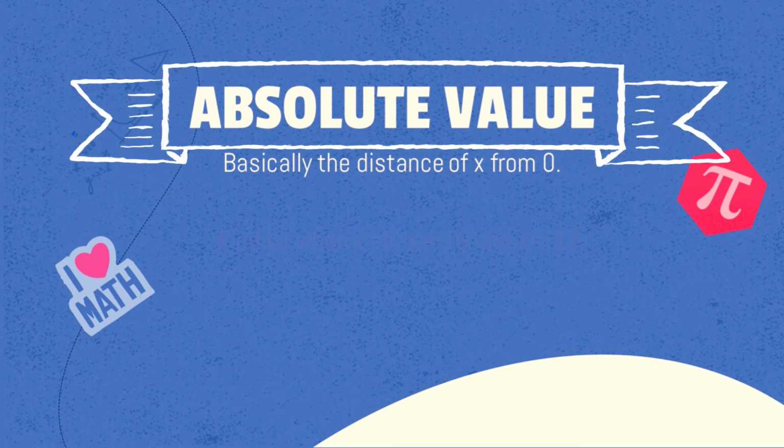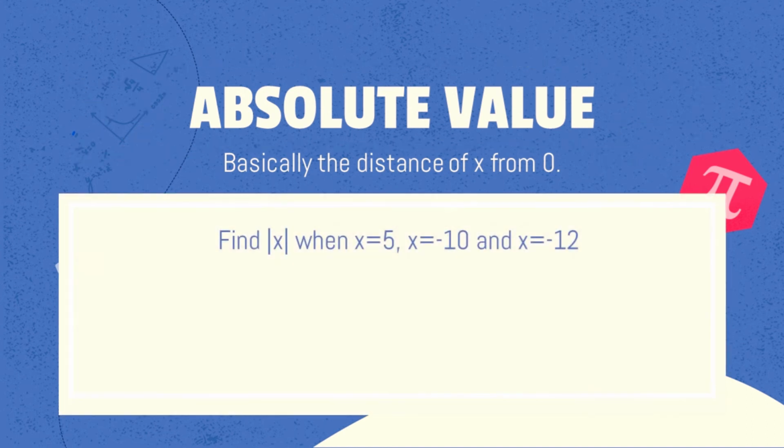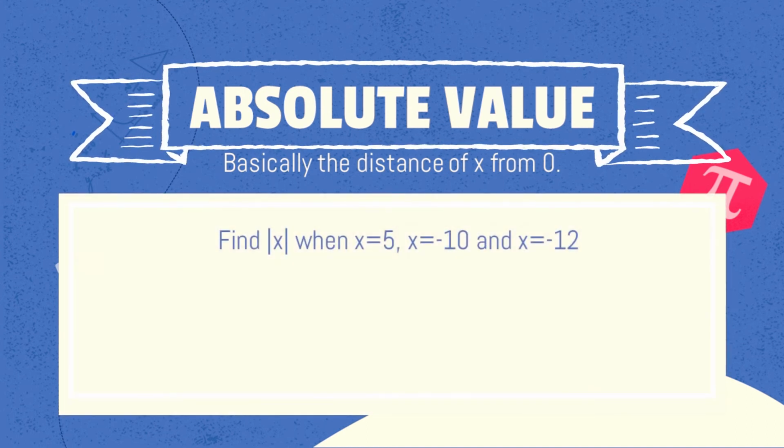Absolute value. It is basically the distance of x from 0. Example, find the absolute value of x when x is equal to 5, x is equal to negative 10, and x is equal to negative 12. So, the absolute value of 5 is 5, the absolute value of negative 10 is 10, the absolute value of negative 12 is 12.